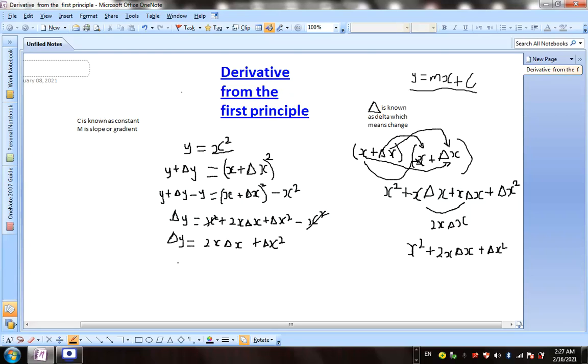Now divide both sides by dx. So you are left with dy over dx is equal to 2x dx all over dx plus dx squared all over dx.